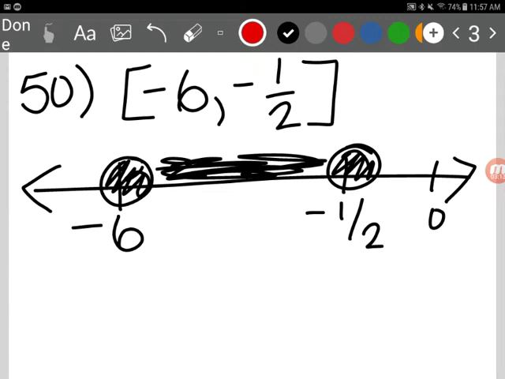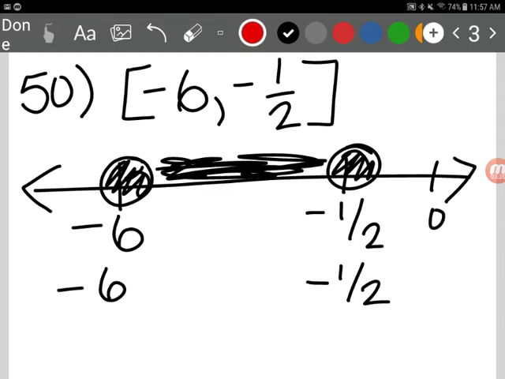Now, when you write your inequality, read what you wrote. I started with -6, and I ended with -1/2. And I do have things in between shaded.